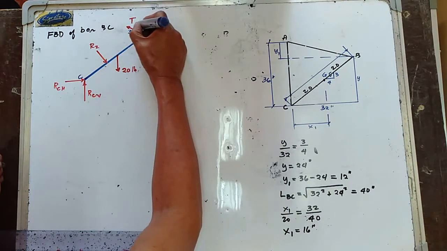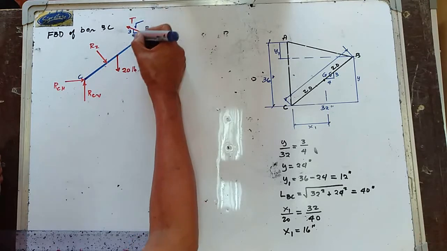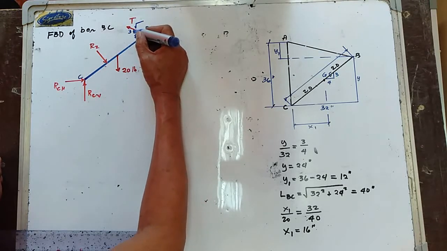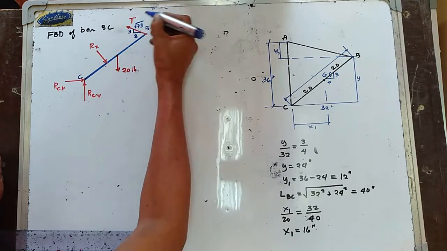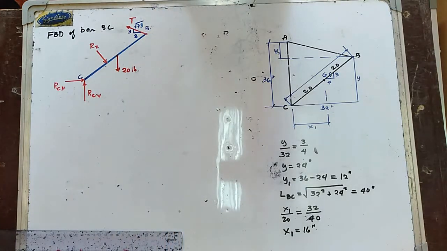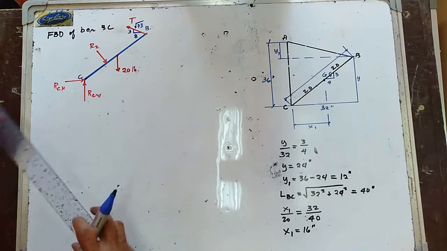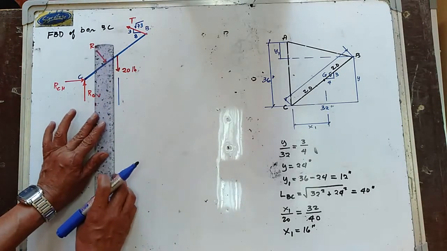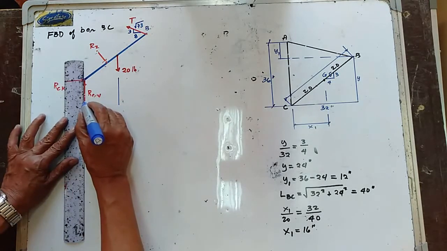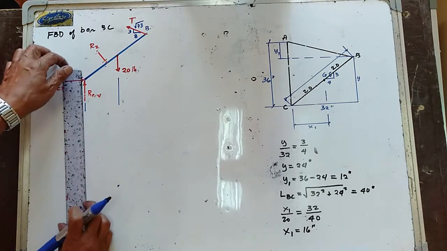Therefore, this is equal to the square root of 64 plus 9, or the square root of 73. Now, let us try to have the distances.